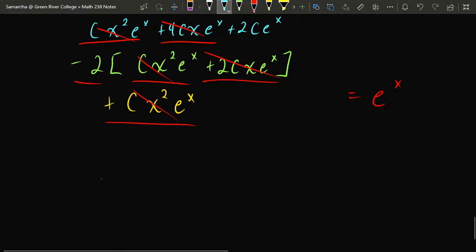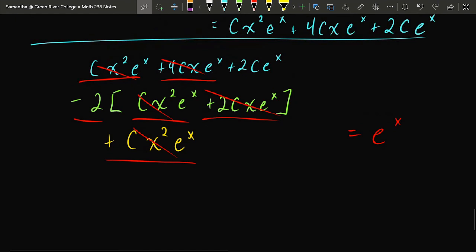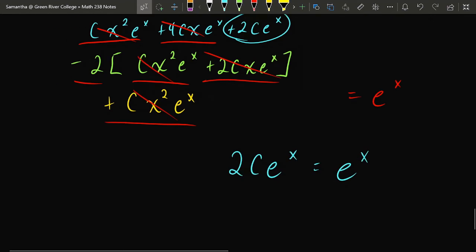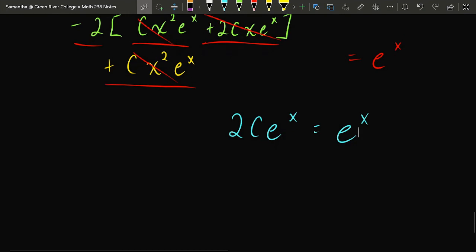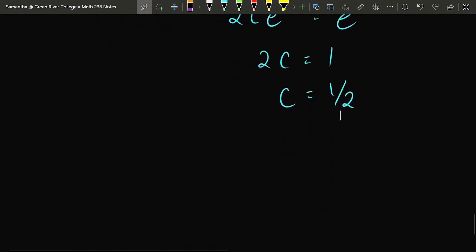So the only survivor, really, is the plus 2c e to the x in this last part of the top row. Isn't that amazing? Look how much that cleaned up. So 2c must be equal to 1, c must be equal to 1/2, and therefore my particular solution has the form 1/2 x squared e to the x.